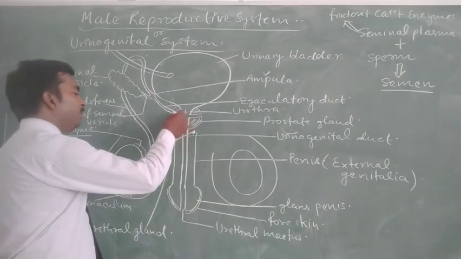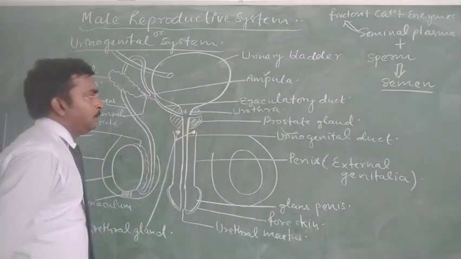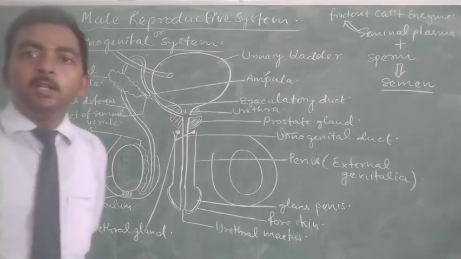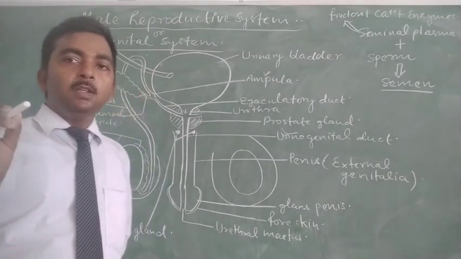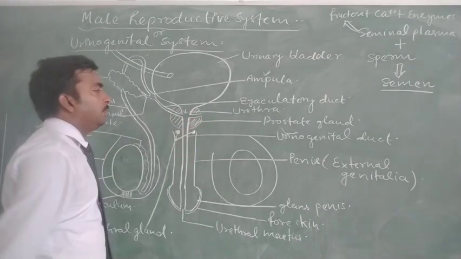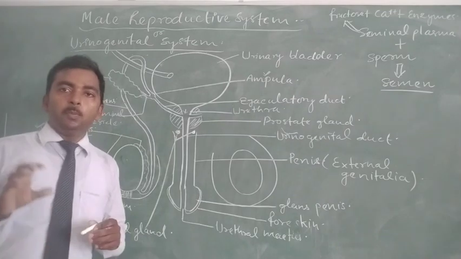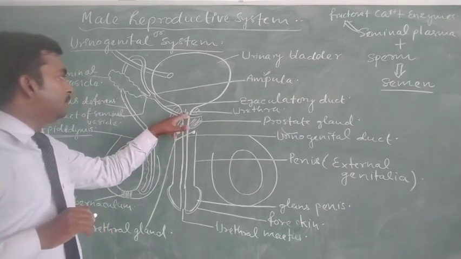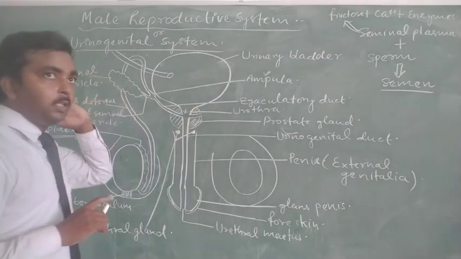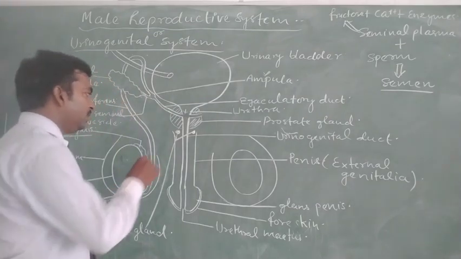Then at the same place where the urethra and the ejaculatory duct join together, a gland known as the prostate gland opens into the urinogenital duct to release its secretion.